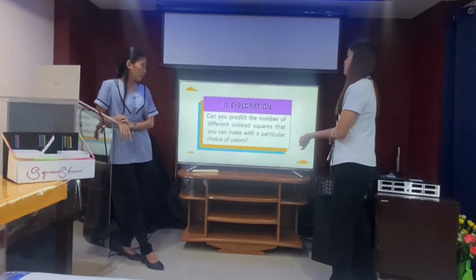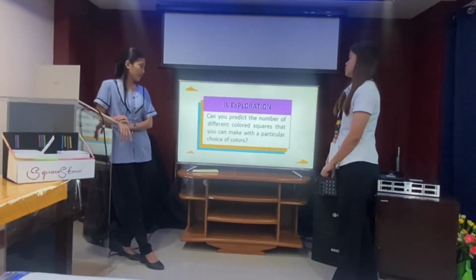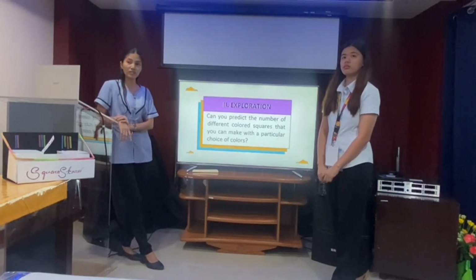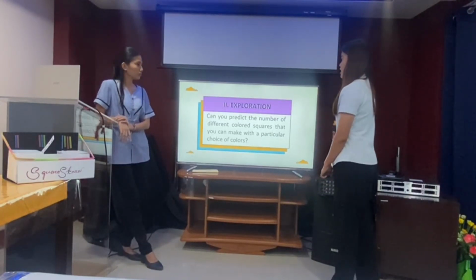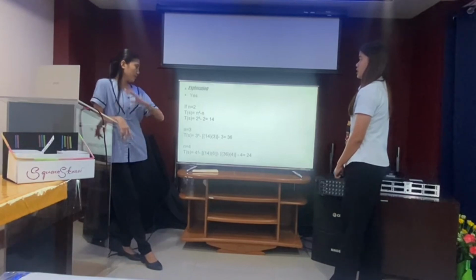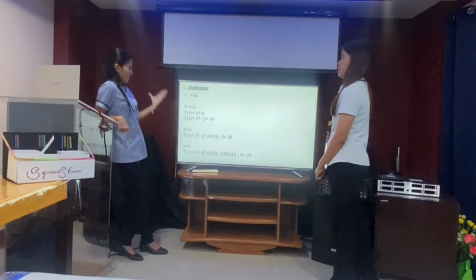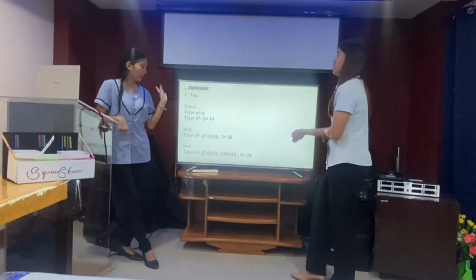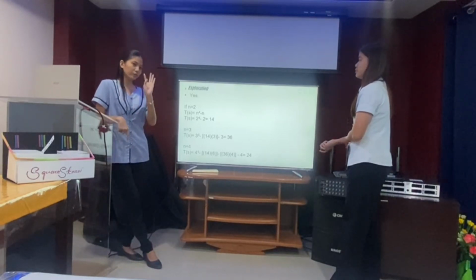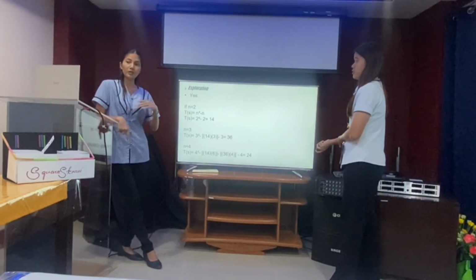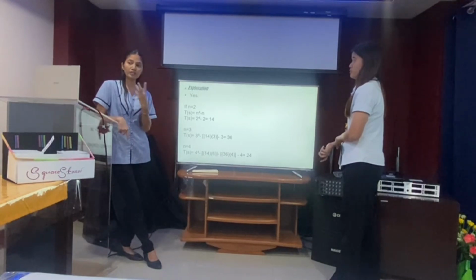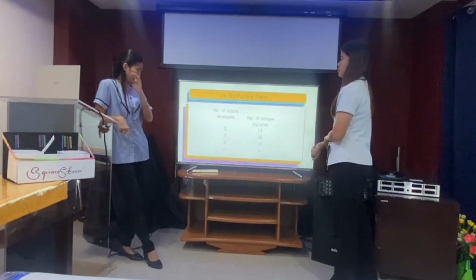Can you predict the number of different colored squares that you can make with a particular choice of colors? Yes, these are the respective formulas for different available colors. We have different formulas for 2 colors, 3 colors, and 4 colors.